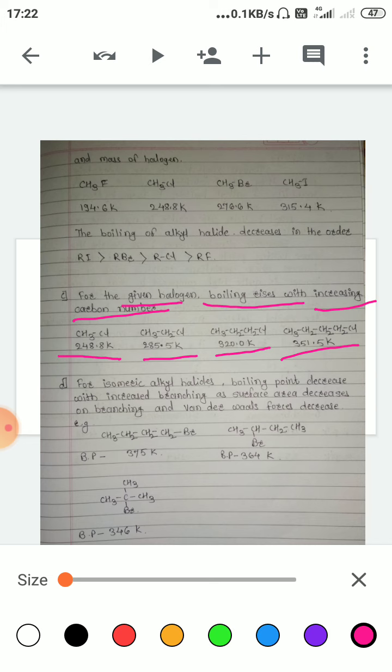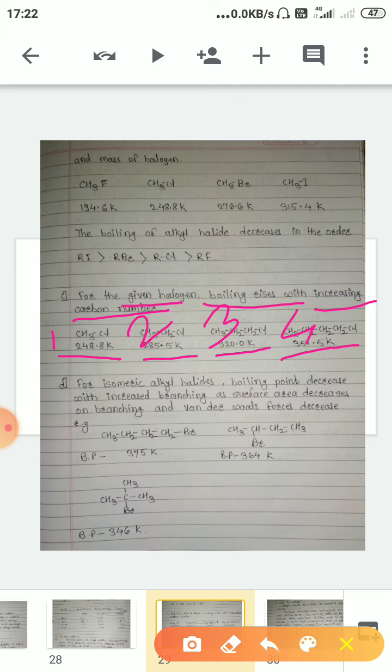Methyl chloride contains only one carbon atom, ethyl chloride contains two carbon atoms, propyl chloride contains three carbon atoms, and butyl chloride contains four carbon atoms. The halogen, chlorine, is common in all compounds. Now we'll see the boiling points.